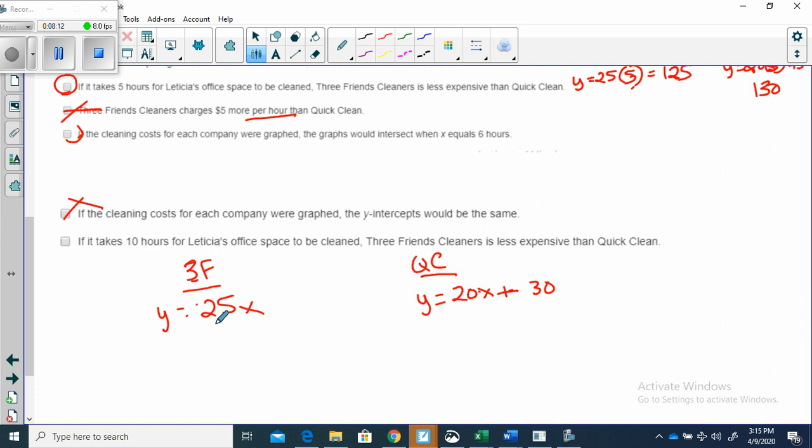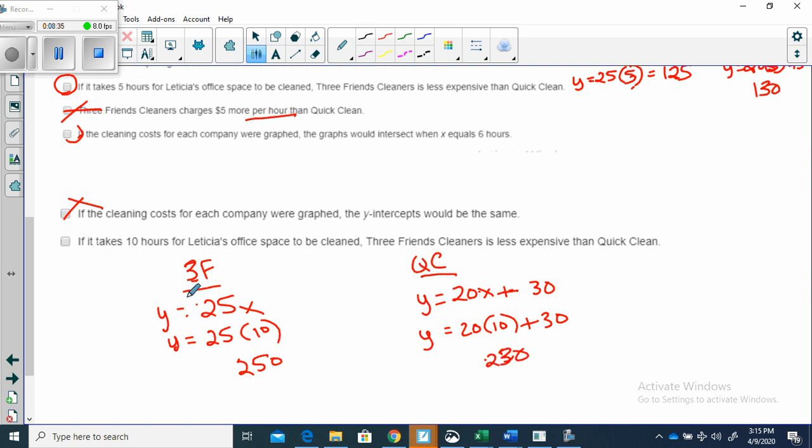We're talking about 10 hours, so let's plug 10 in for each one. Y is equal to 25 times 10, which gives me 250. Y is equal to 20 times 10 plus 30, which gives me 230.